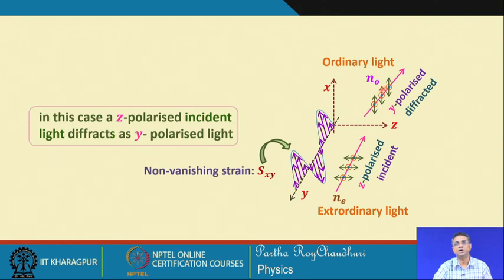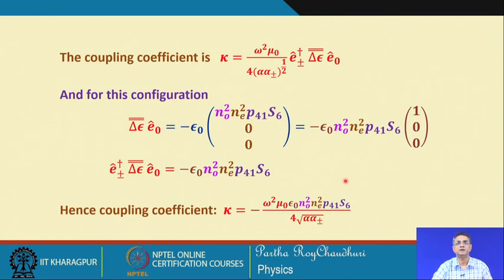When it is diffracted out, it will be an O wave, that is ordinary light, and its polarization will be along the y direction. That is a very interesting consequence: from an extraordinary light we get an ordinary light in terms of the polarization.